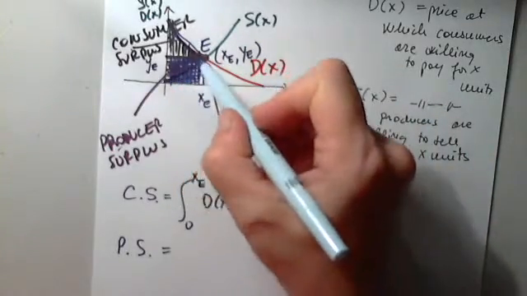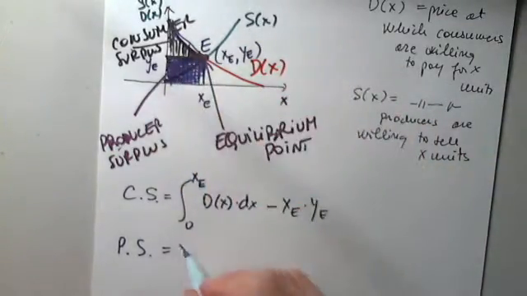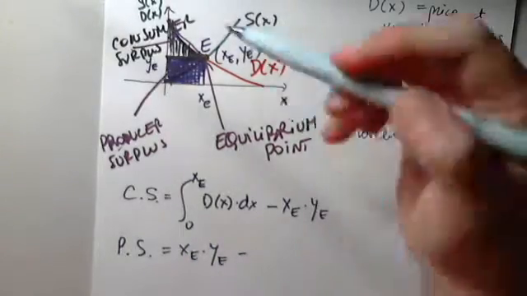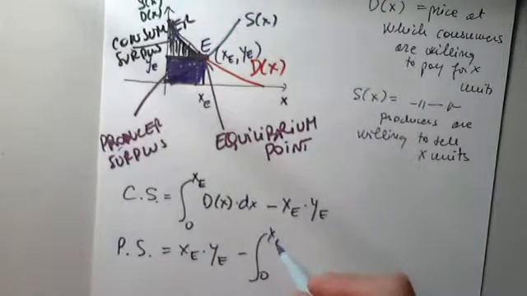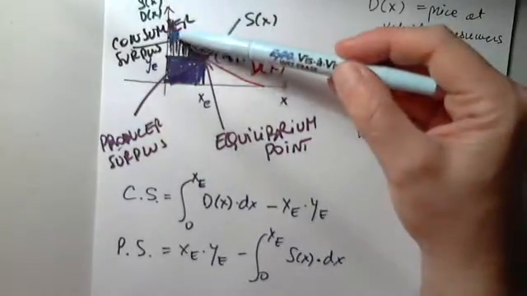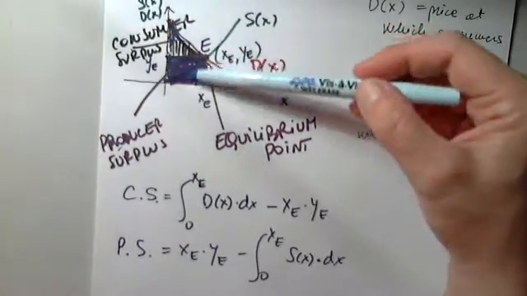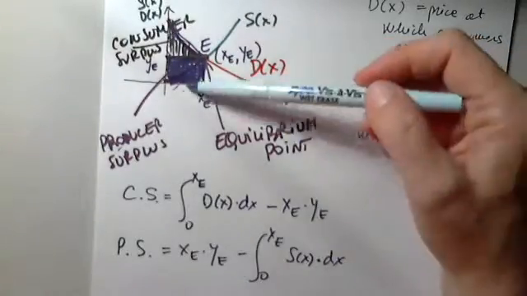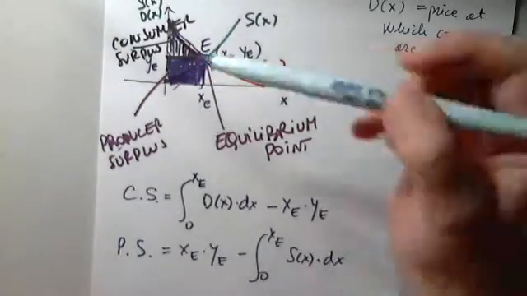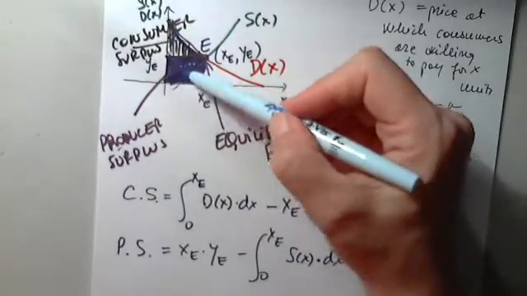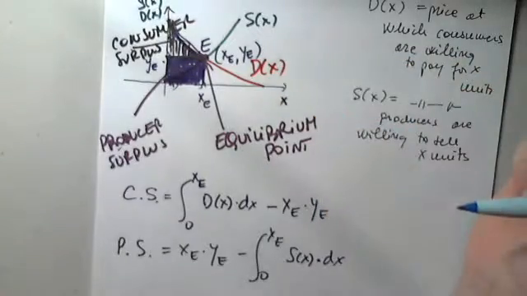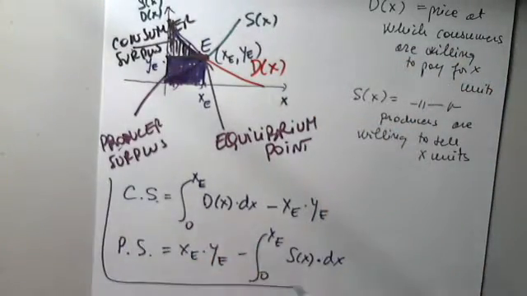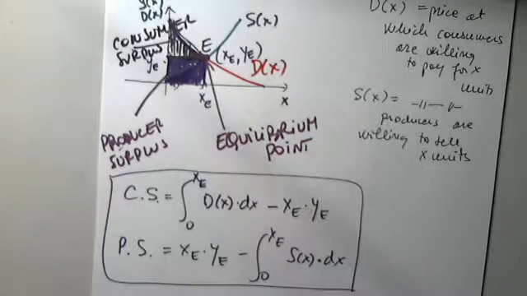I want to determine this area, so from the area of the rectangle I subtract the area under the graph of s of x from 0 to xe, s of x dx. So these are the two formulas needed in this section.